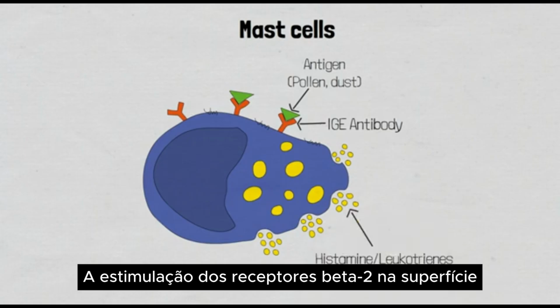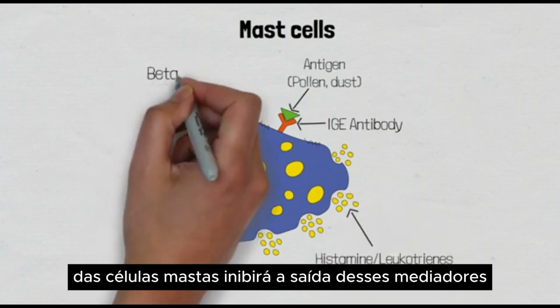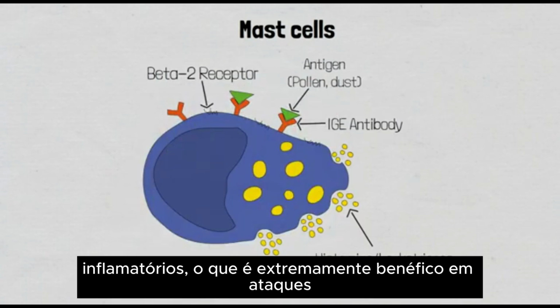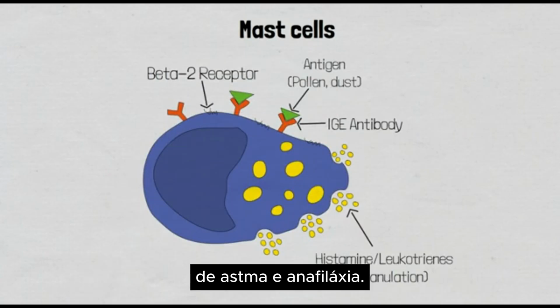Stimulation of beta-2 receptors on the surface of mast cells will inhibit the release of these inflammatory mediators, which is extremely beneficial in asthma attacks and anaphylaxis.